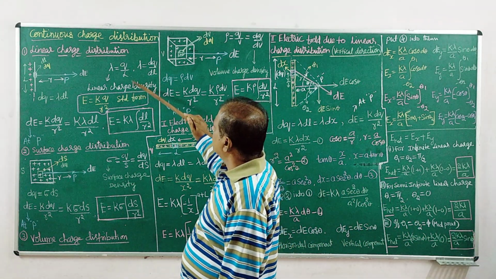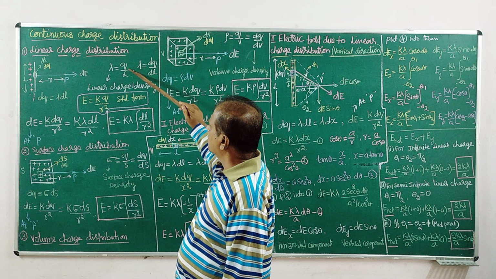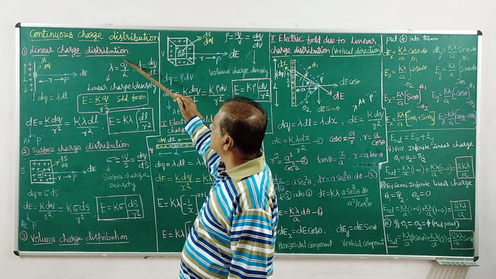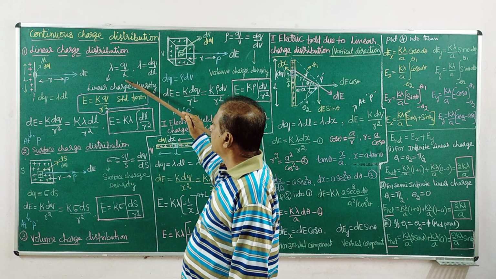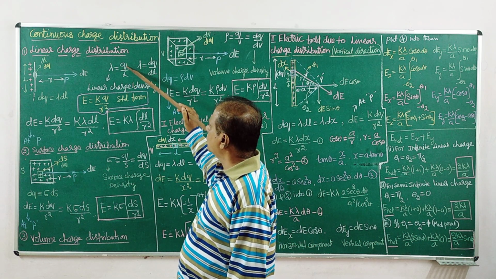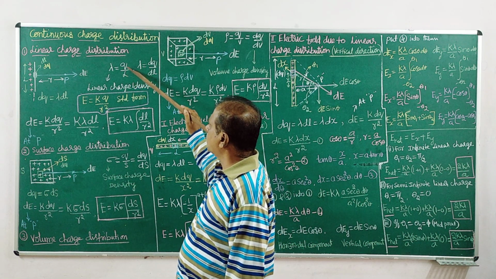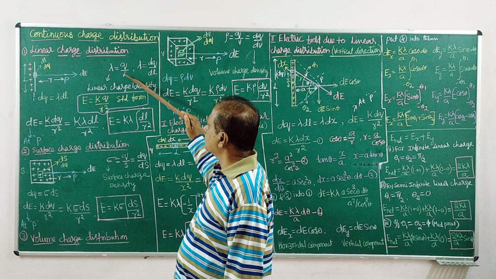So this is the distribution, and we can write this in the form of a differential equation. That is a differential form. Q divided by L, the total charge divided by total length.